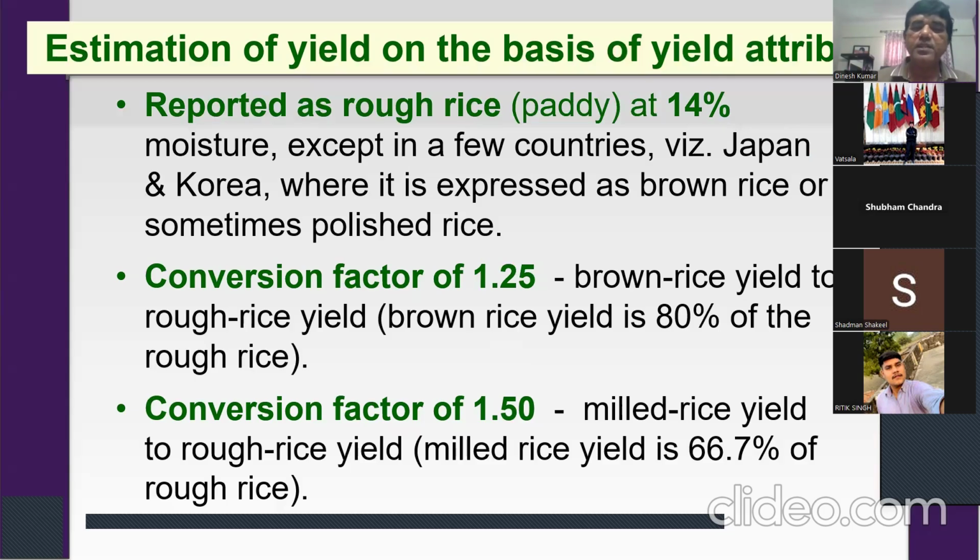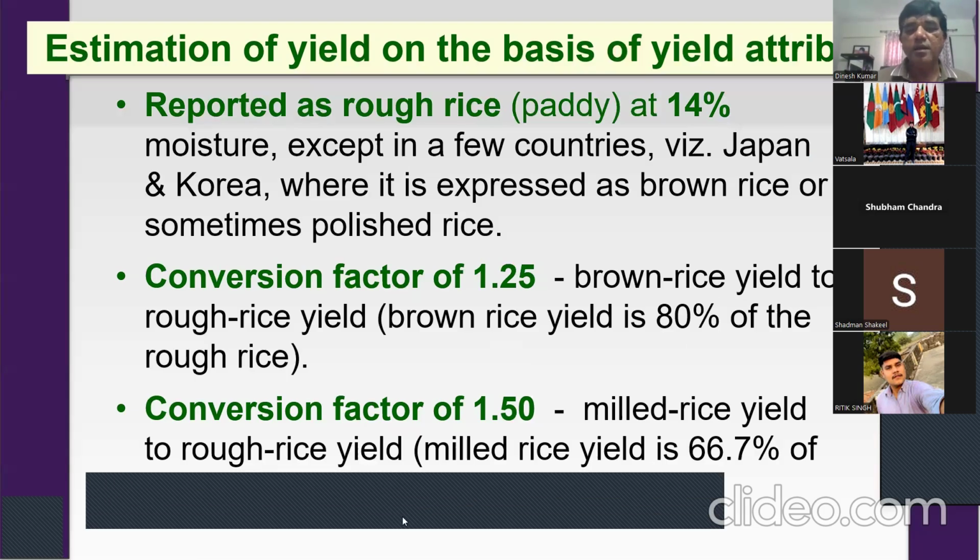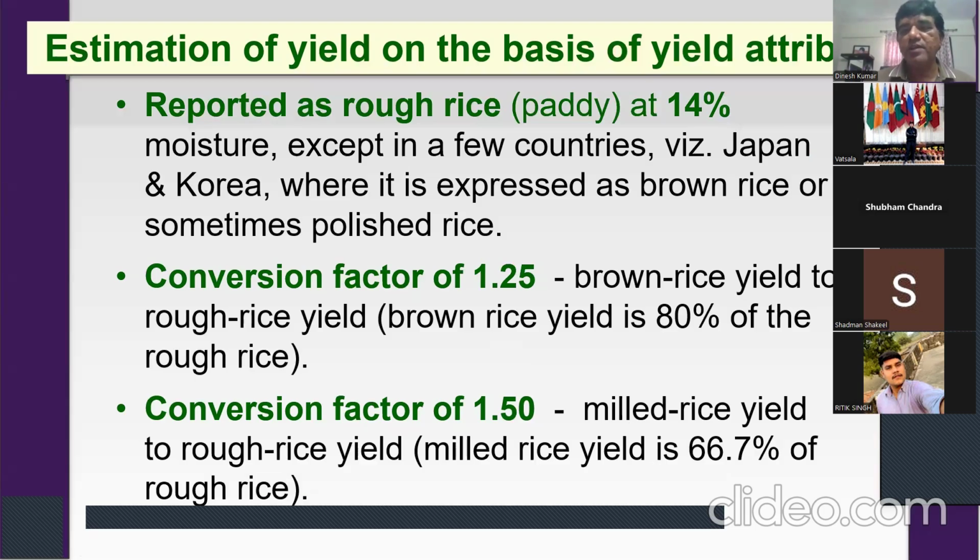This kind of relationship you can develop and remember. The factors are 1.25 for brown to rough rice and 1.5 from milled rice to rough rice. You can see that brown rice is 80% and milled rice is 66.7% of the rough rice or coarse paddy.